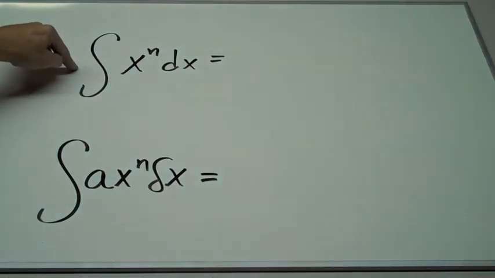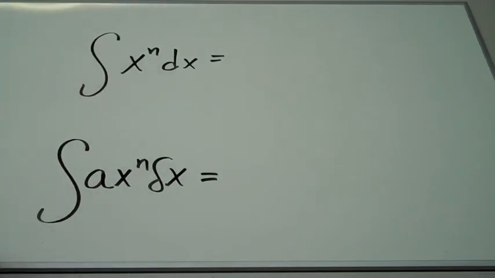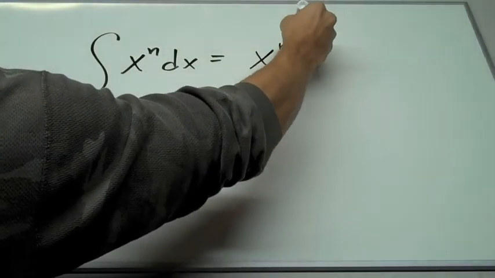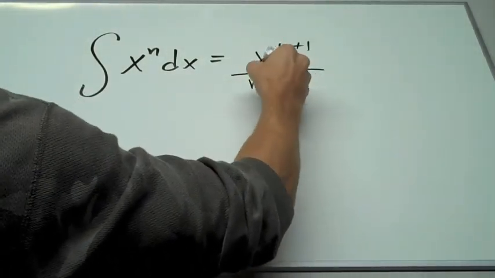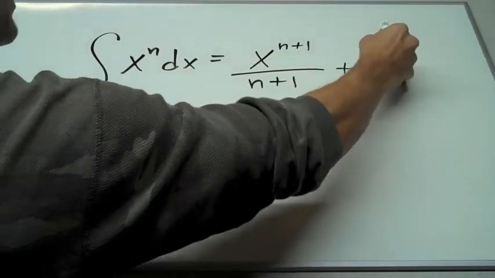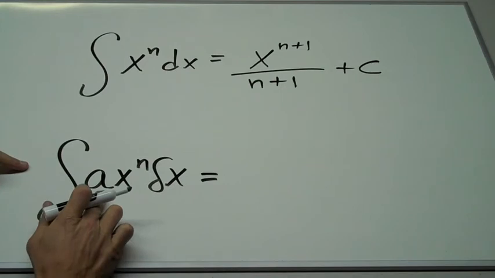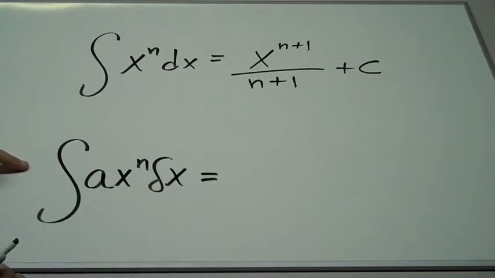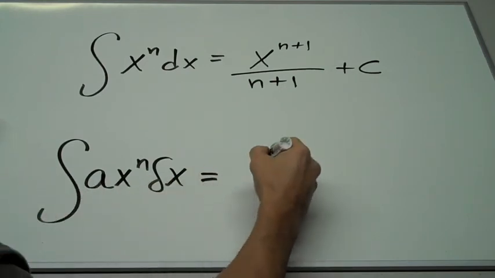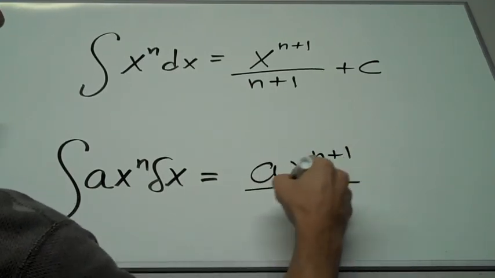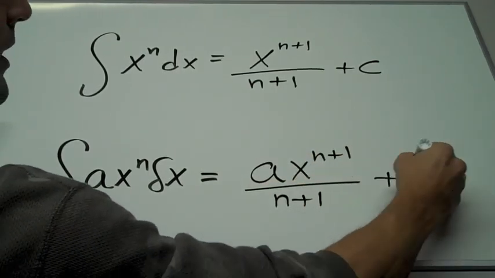So if I'm going to take the indefinite integral of x to the n dx, remember you have to have that dx, I'm going to get x to the n plus 1 divided by n plus 1 plus c. In the more general case, if I have some constant a as a coefficient multiplying the x to the n, I'm going to get a x to the n plus 1 divided by n plus 1 plus c.